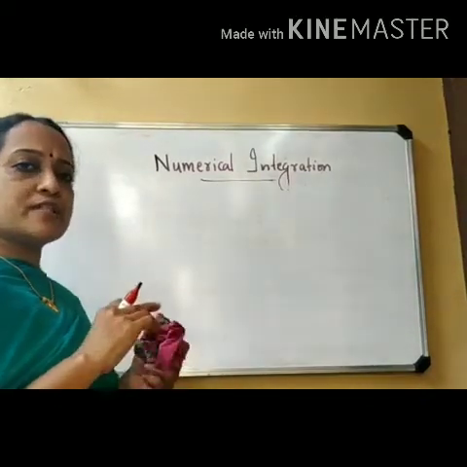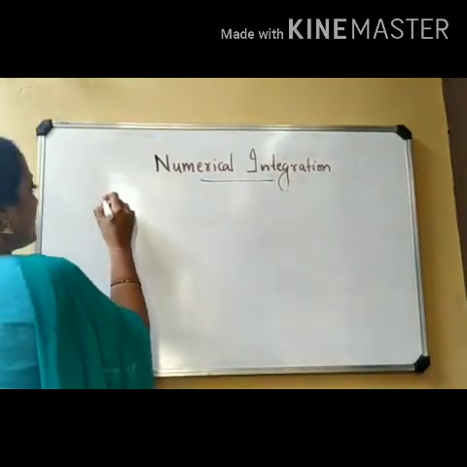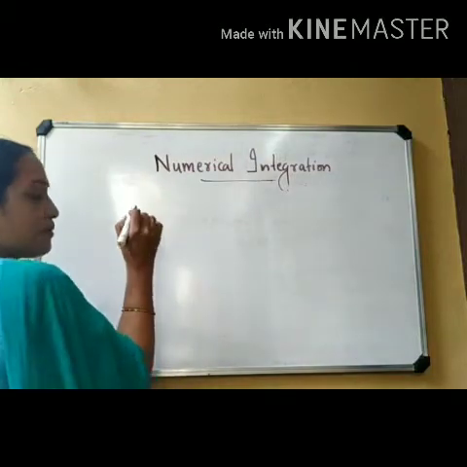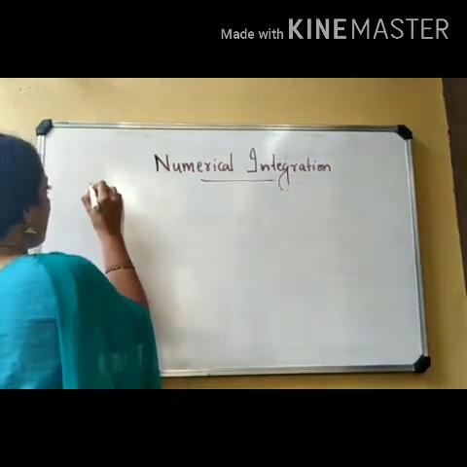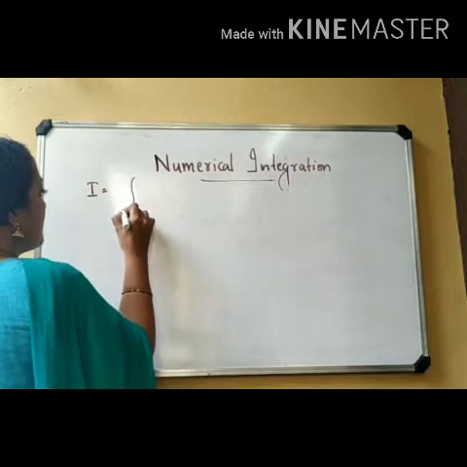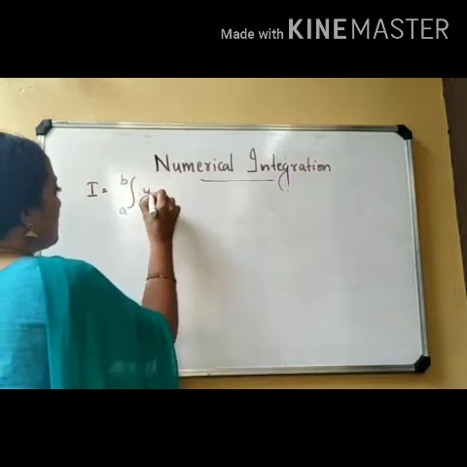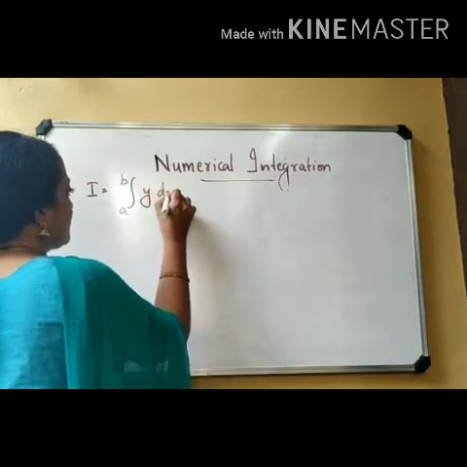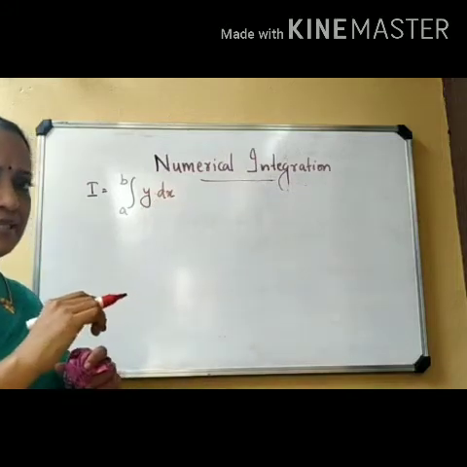So using Newton's interpolation formula, we may write; the question is we have to find out I, which is equal to integral a to b y dx or f of x dx.